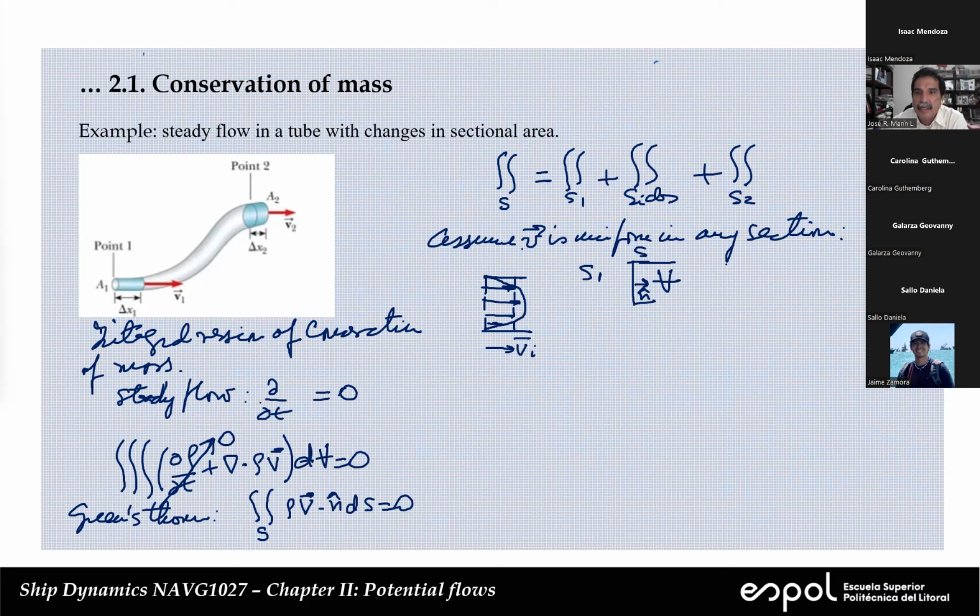For the surface, for the sides, we have something like this, and this is the velocity, and this is N. They're going to be orthogonal. And for S2, we have something like this. Here we have N. So this is V, this is N, and this is the velocity to the right.